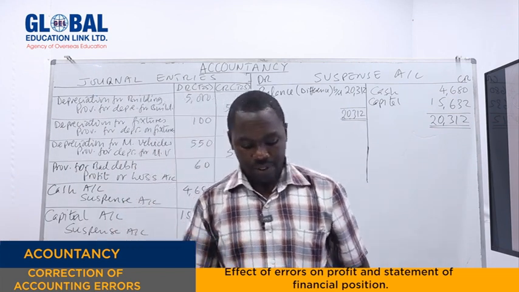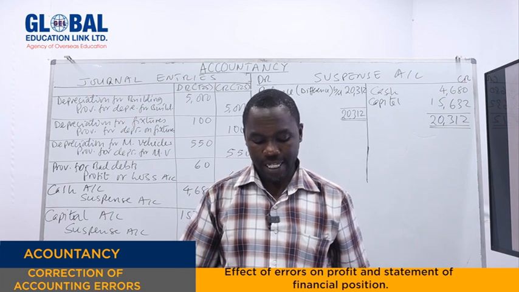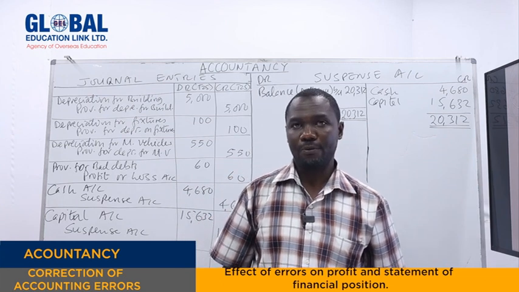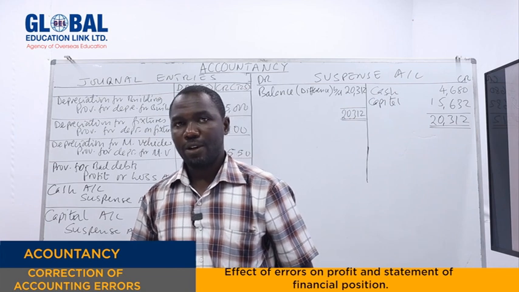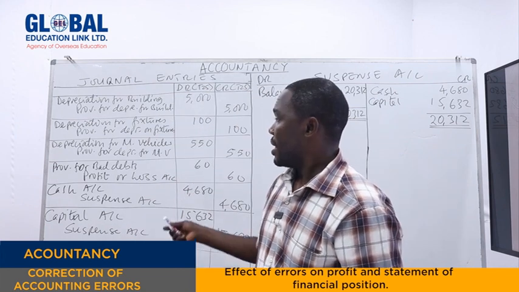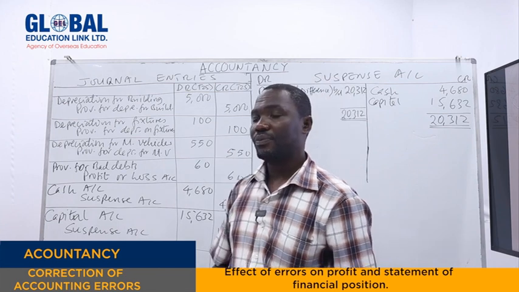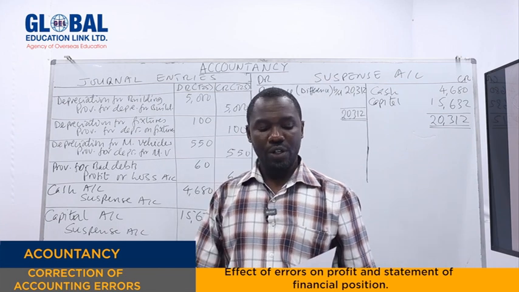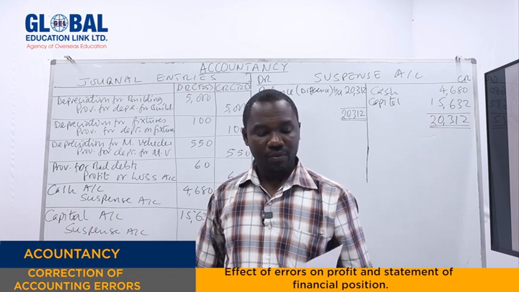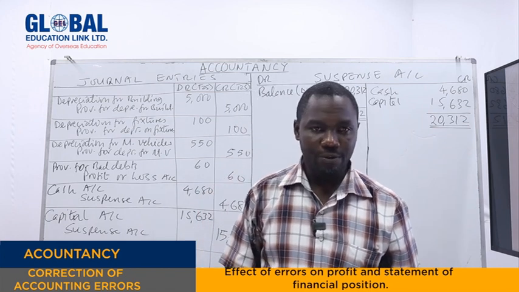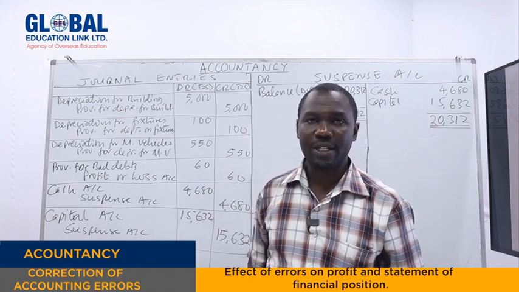The second part was requiring us to prepare statement of corrected net profit. So far, if you have corrected properly your errors, I would like to show you the easiest way of preparing this statement of corrected net profit in a short period.